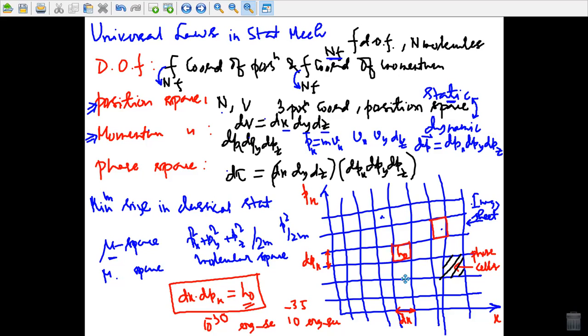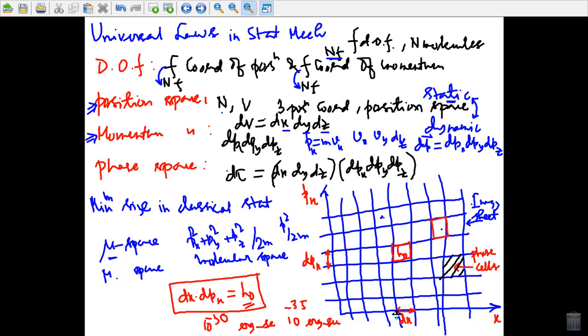The minimum size of a phase cell is explained in terms of the classical statistics as well as the quantum statistics. What happens to the minimum size in classical statistics? The meaning of a point in phase space is well understood with the help of the Heisenberg uncertainty principle.